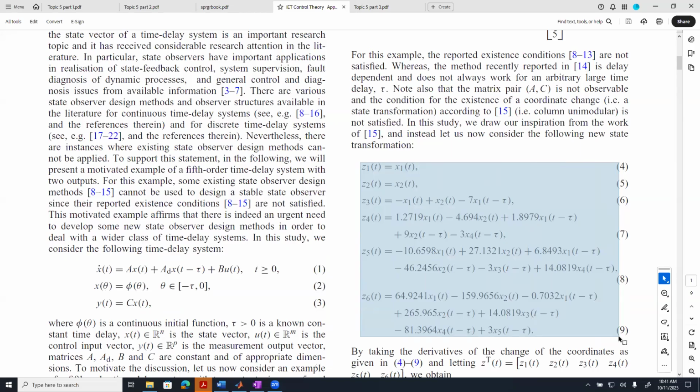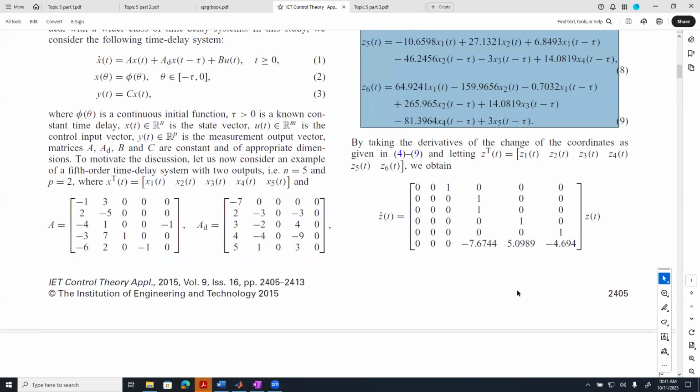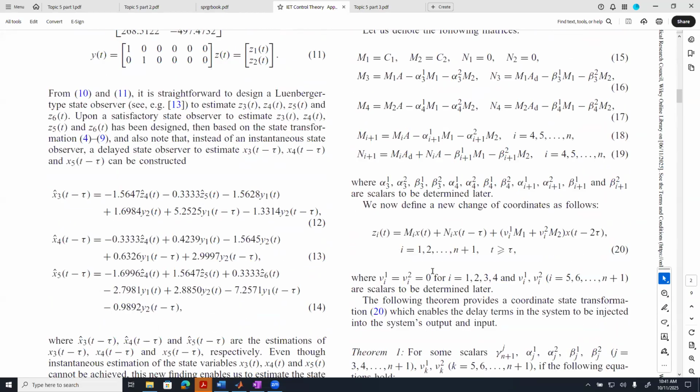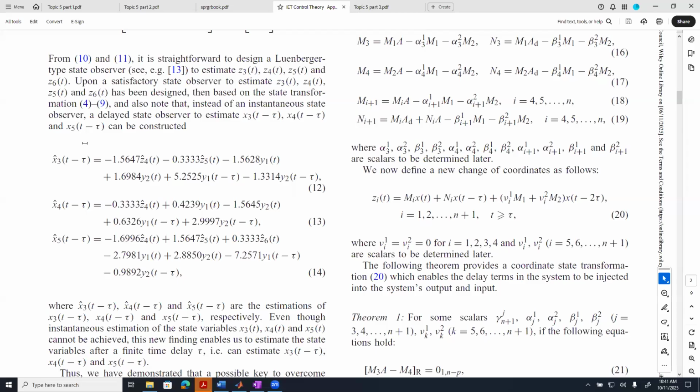There are some stack variables that when we apply them to the original system, we can transform that into the new coordinate. And then it is possible to design not the instantaneous unmeasurable stack variables, but the delay unmeasurable stack variables, 3 of them.